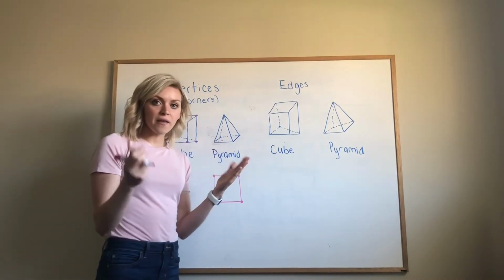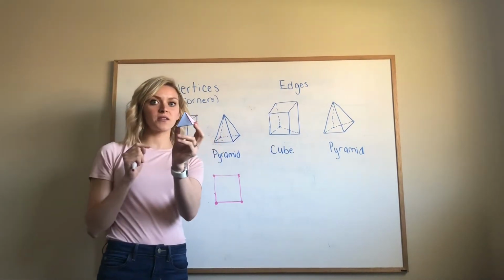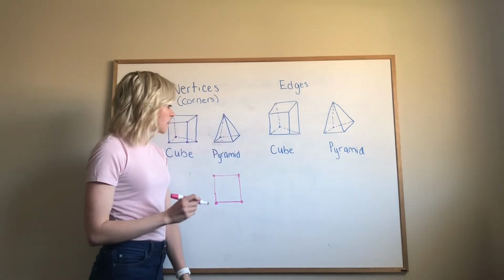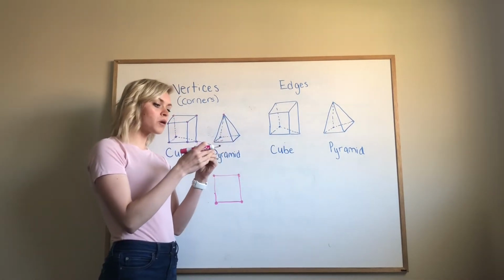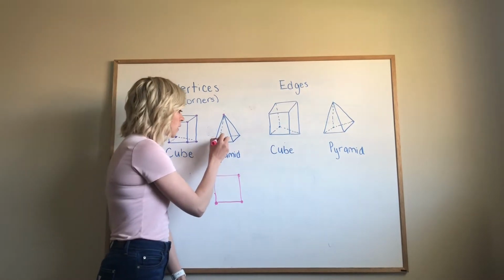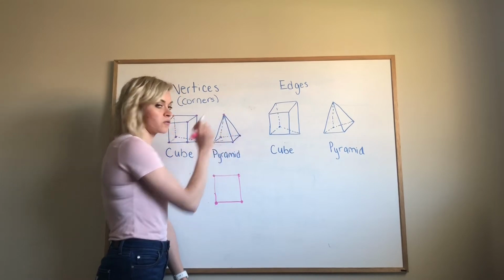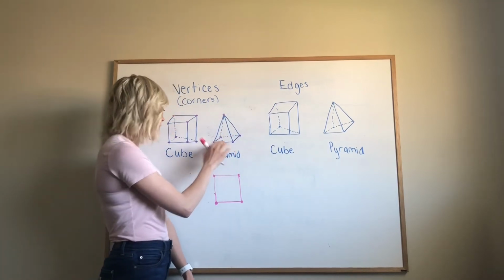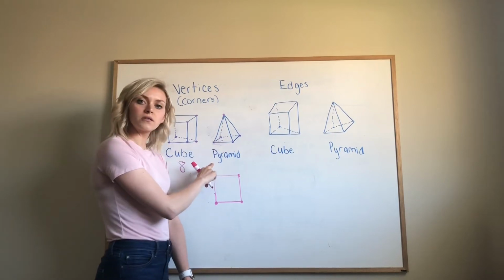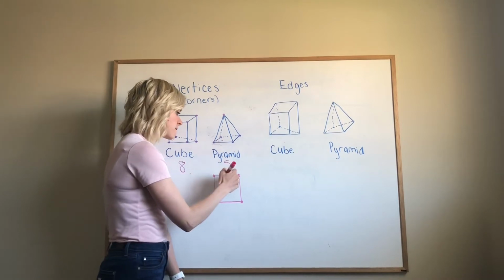So we know that the point of our pyramid at the very top, that is a vertice or a corner. So let's start there with 1. Then we go to our base shape on the bottom and we can count the rest of the corners. 1, 2, 3, 4, and don't forget the top, so this one has 5. So our cube had 8 and our square pyramid had 5.